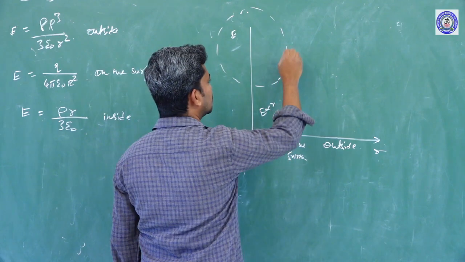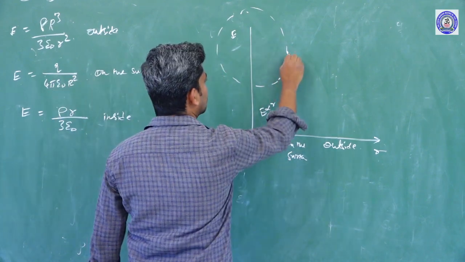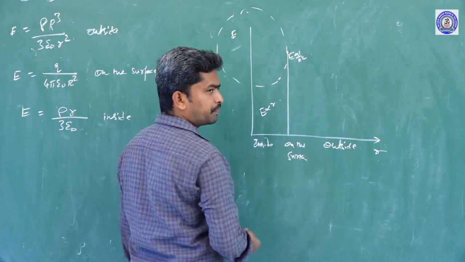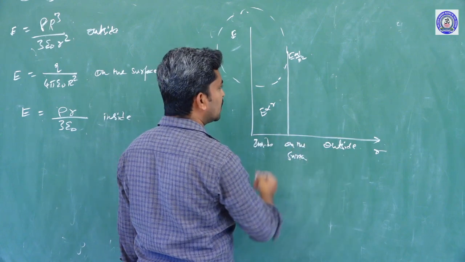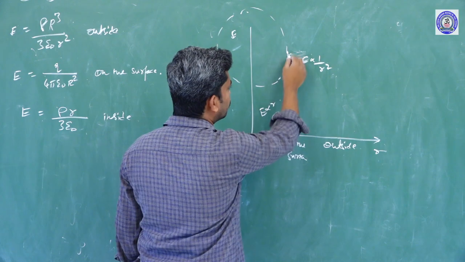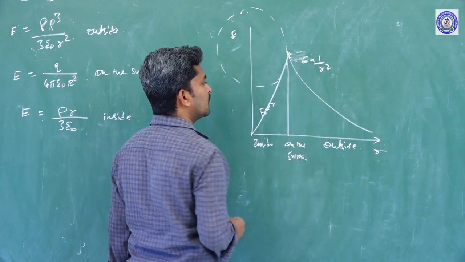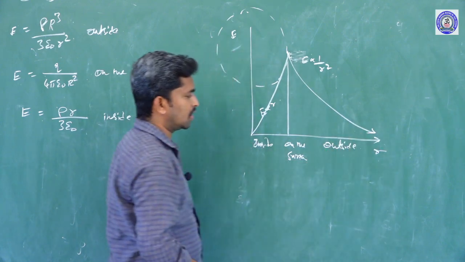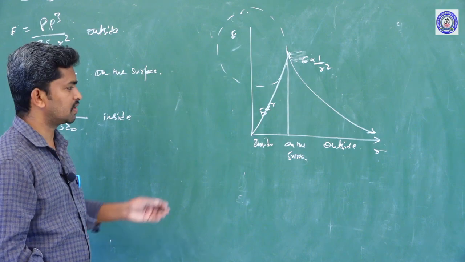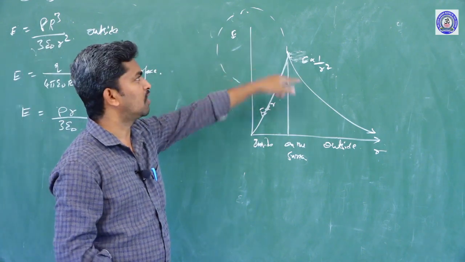On the surface, the electric field E is equal to q divided by 4 pi epsilon naught r square. Outside of the sphere, E is inversely proportional to r square. So, we get the graph of the equation. This is a very important graph between electric field and distance for a uniformly charged non-conducting sphere.